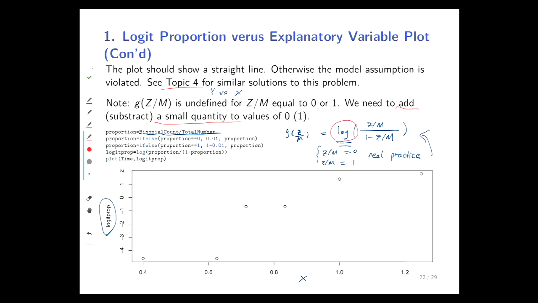So what we need to do here is that if the proportion, which equals z divided by m, equals 0, then we just add some small quantity, which is 0.01. You can define this small quantity by yourself. And I think in your tutorials, the tutor will talk about another way to define this small quantity to avoid the problem of log 0 or log 1 divided by 0.